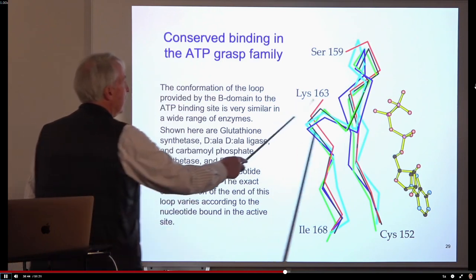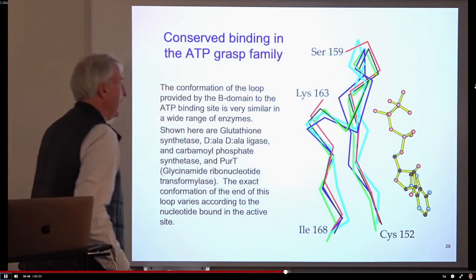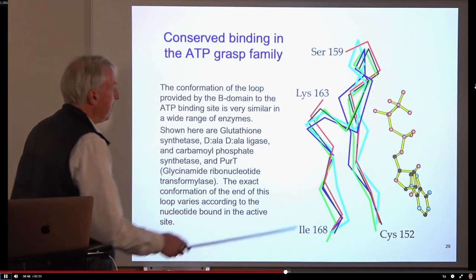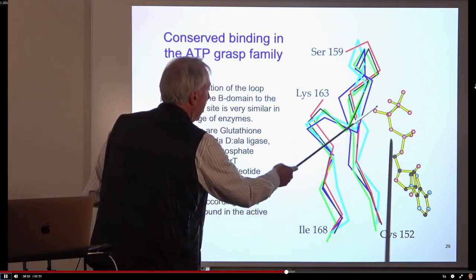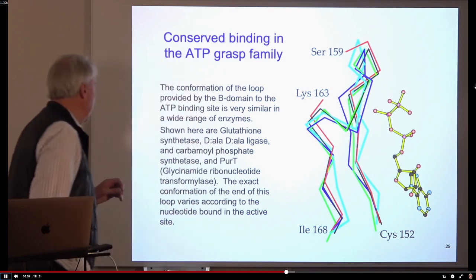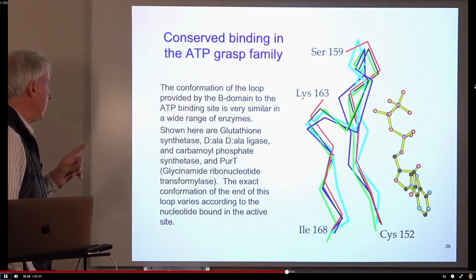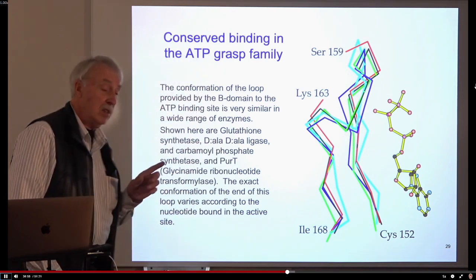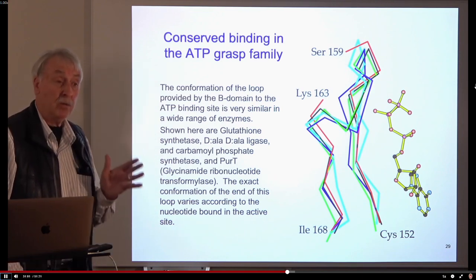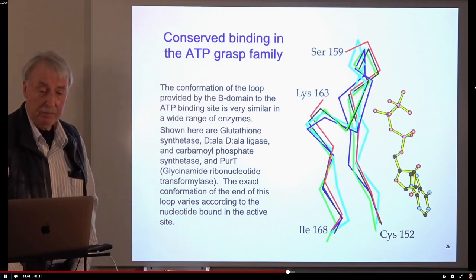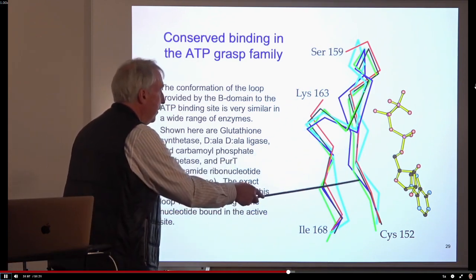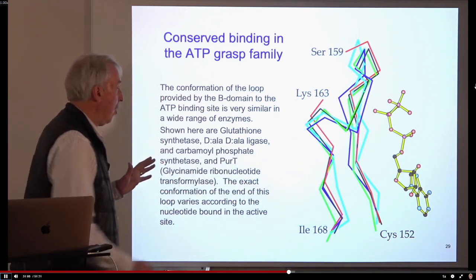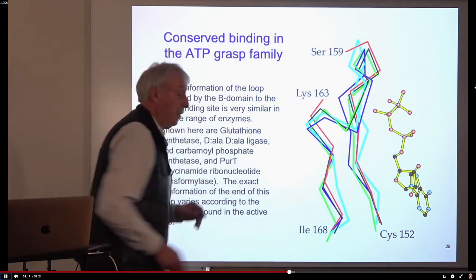There are differences in the loop section that's to do with whatever else the enzyme is doing, but the protein moiety that interacts with the ATP is conserved. And again, what this is pointing out is that these enzymes have evolved to recognize a common ligand. So this overall conformation is driven by a preferred conformation of ATP.